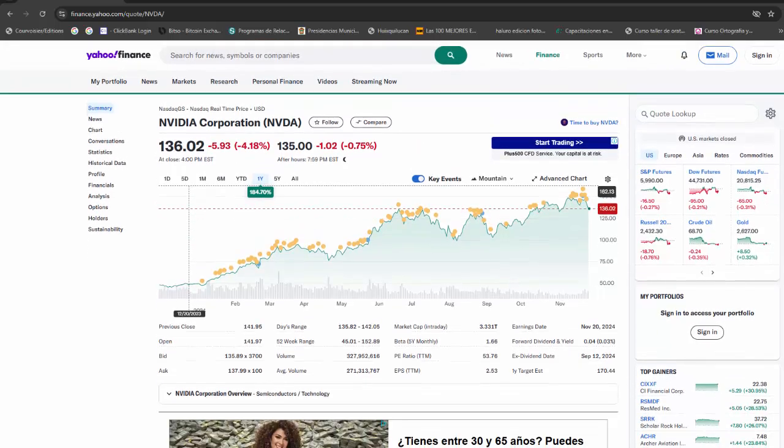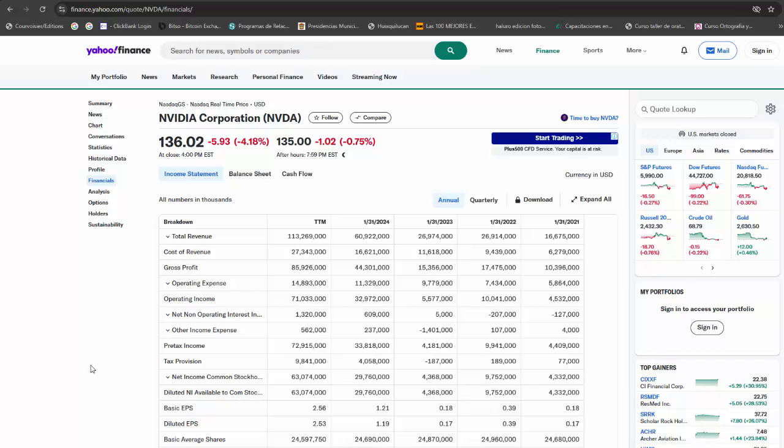Now let's take a closer look at its financial details. You go here and click on financials. Okay, so when the financials tab loads, the first thing that you will see is the income statement, which tracks the revenue and expenses of the company. And what you're looking to find here is consistent revenue and earnings growth over a long time.